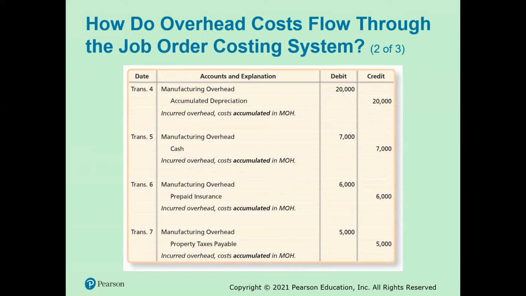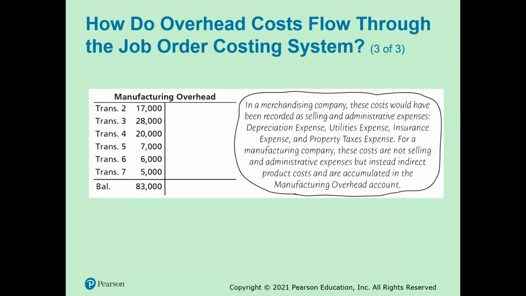Transaction 4, a debit of $20,000. Transaction 5, a debit of $7,000 for manufacturing overhead, $6,000 debit for transaction number 6, and number 10, the $5,000, which was the property taxes. By the end of the year, the manufacturing overhead account has accumulated all the actual overhead costs as debits.